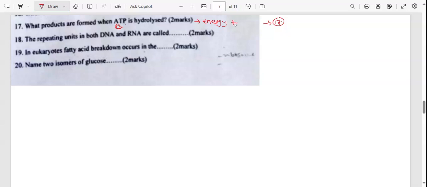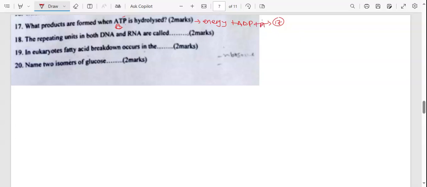The other is ADP, adenosine diphosphate; this was triphosphate. Then apart from that, we'll form some Pi, inorganic phosphate.